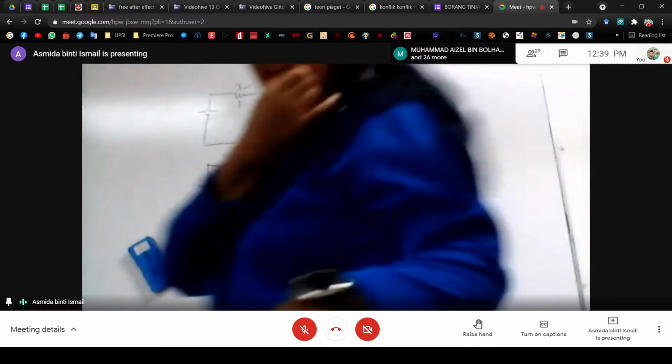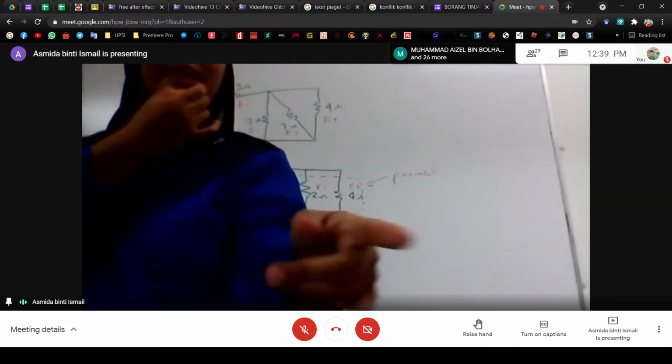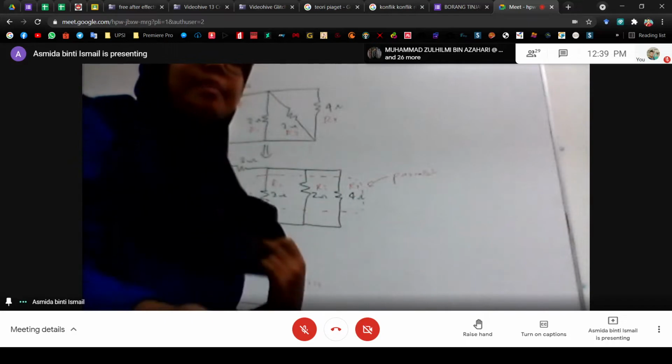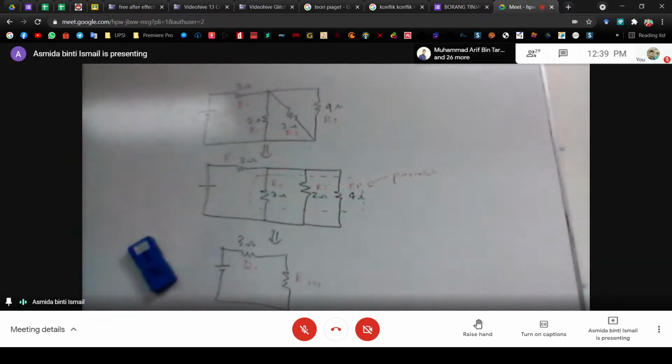You take 5 or you can just try settle this circuit, lepas saya tunjuk macam mana nak tengok circuit ni.